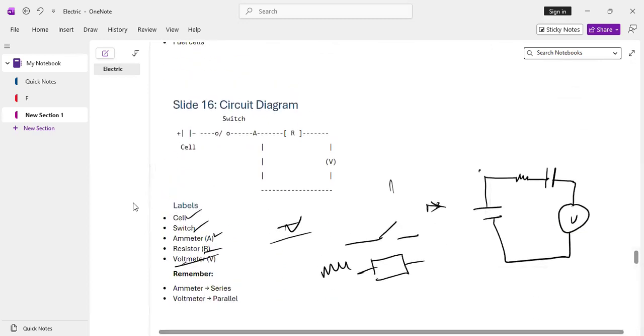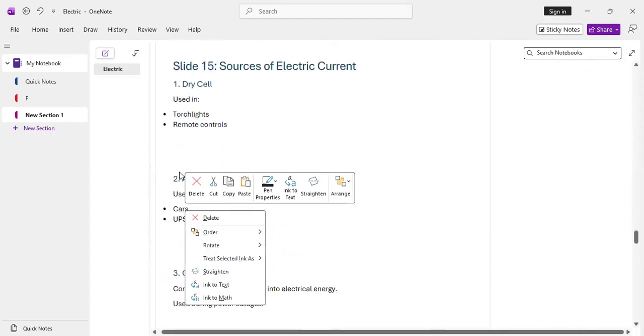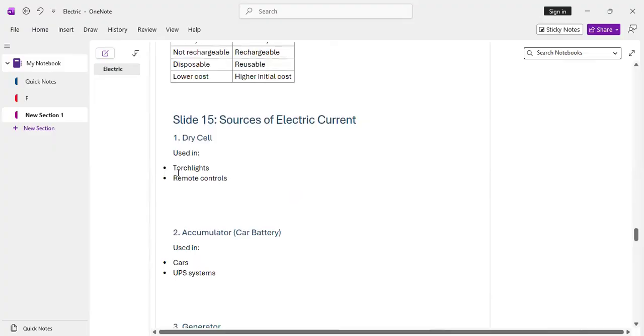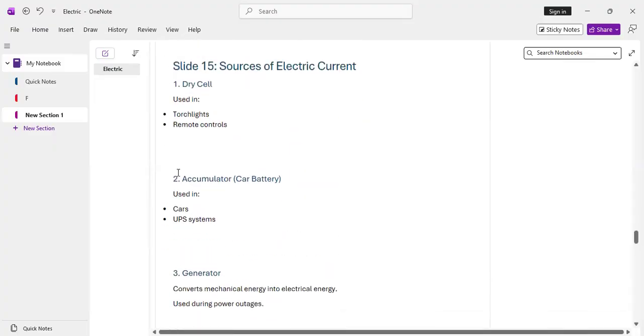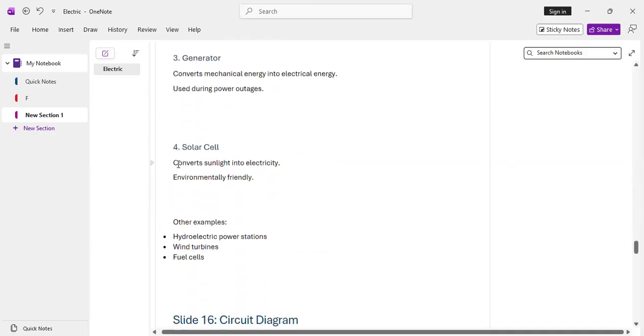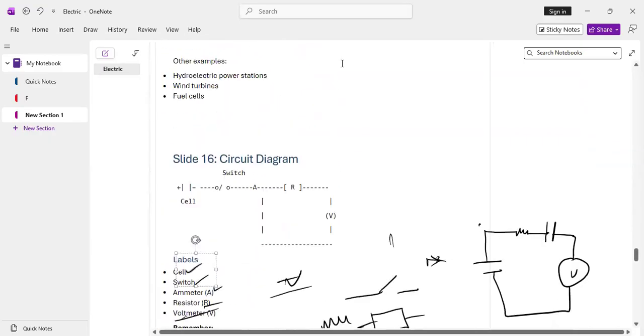So please, you need to know how to draw an electric circuit and label it. Then all these simple calculations and sources of electric current, all this.